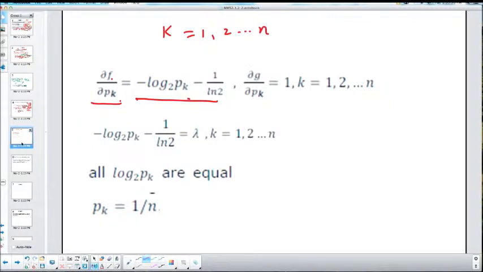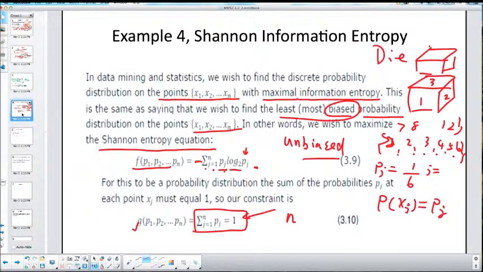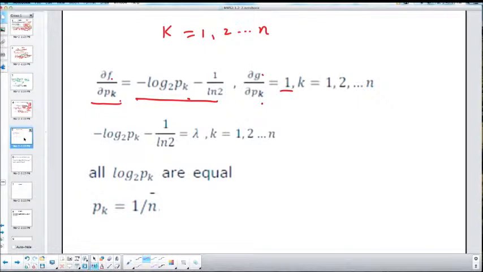Take the constraint function with respect to pk, you always get a 1. The constraint is just p1 plus p2 plus pn equals 1. You take the derivative, of course it equals 1. And then the Lagrange method says this equals lambda times this. That's lambda times 1. What does that mean to you?